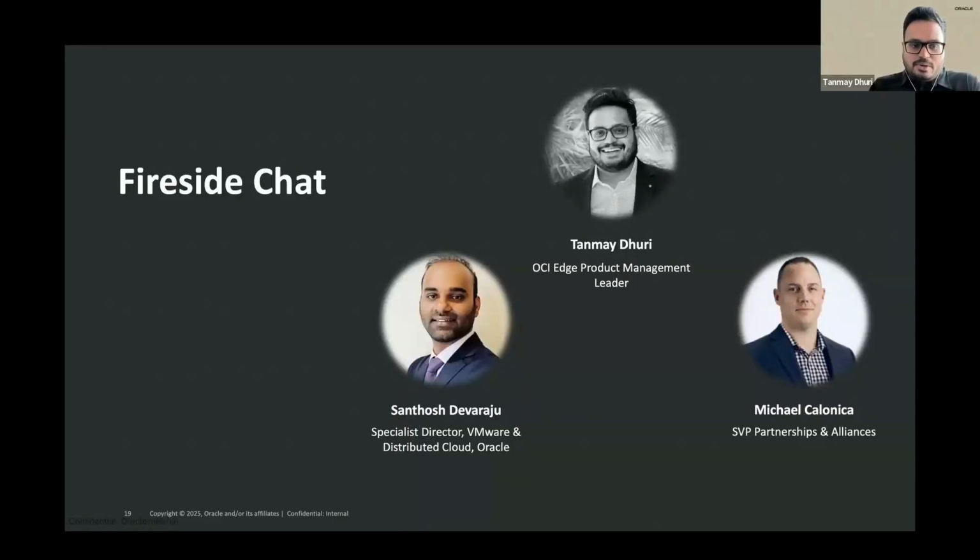OCI in general, as we saw, has positioned itself well to cater to this broad spectrum of customer bases. For customers who are ready to move to the cloud and already want to scale to that level, we always have the Oracle public cloud infrastructure. But for customers who want to stay on premises, want to have more control, but still want to gain experience or start building expertise with respect to OCI, we offer our portfolio, the OCI Edge Cloud portfolio with the Compute Cloud@Customer, Private Cloud Appliance, and the Roving Edge Device as well.